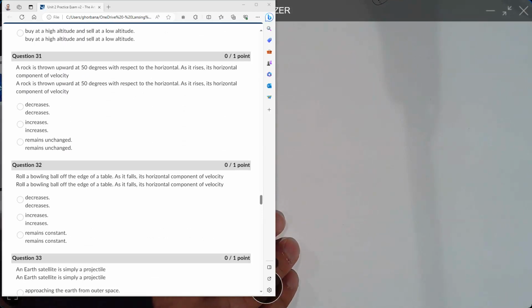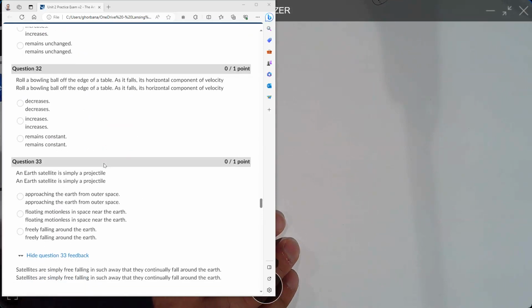The horizontal velocity is going to remain unchanged. Number 32, roll a bowling ball off the edge of the table. As it falls, its horizontal component of the velocity? Yes, the horizontal velocity remains constant.